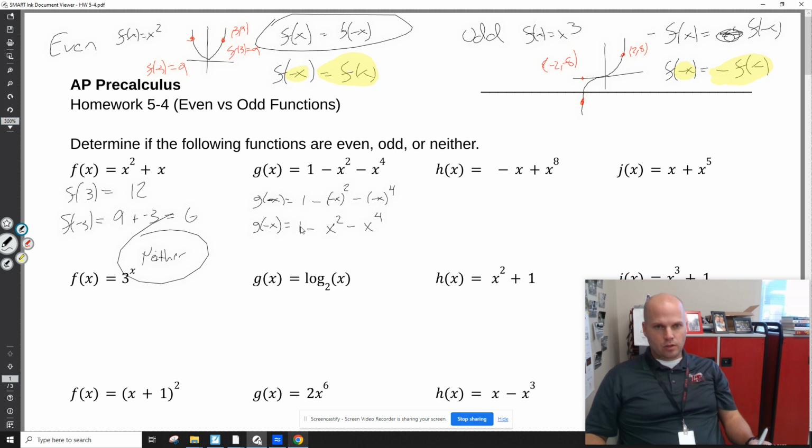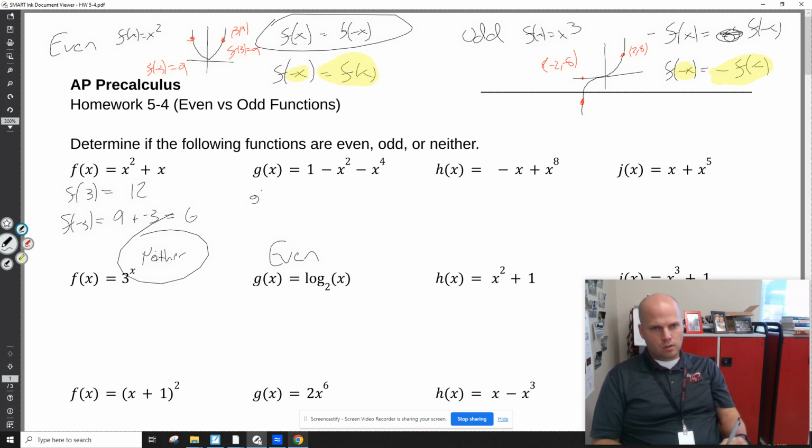Now, what do I notice? This is the exact same as this. We have this idea of an even function. We can double check with numbers. Plug in 2. 1 minus 4 minus 16, so that's negative 19.